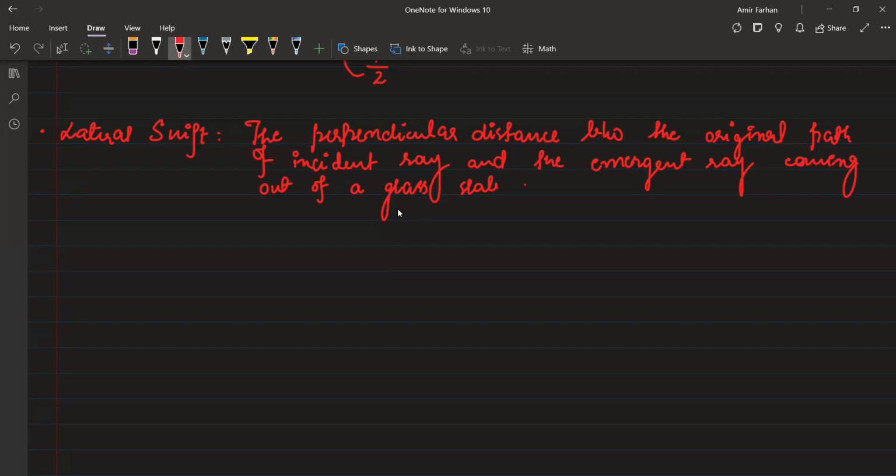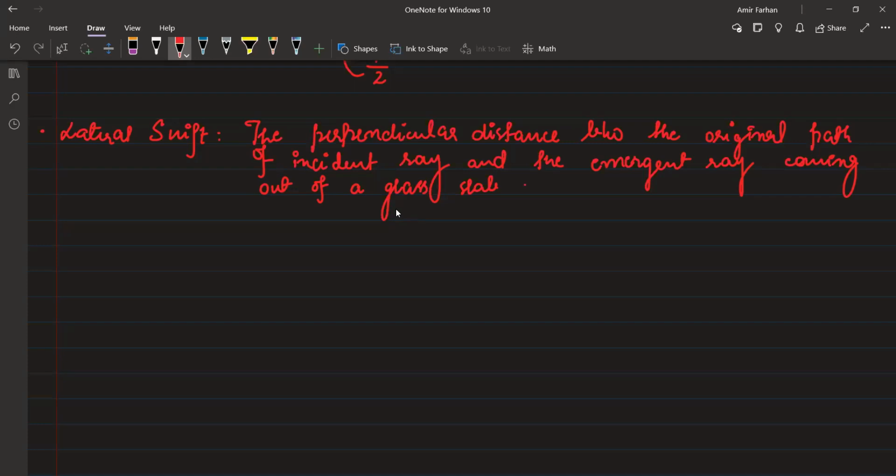Whenever the light changes from one medium to another medium, there would be some refraction. Yes or no, everybody? Because of that refraction, there is a perpendicular distance between the original incident ray and the emergent ray. The original incident ray is the extended imaginary line, and the emergent ray is the actual line coming out from the glass slab.